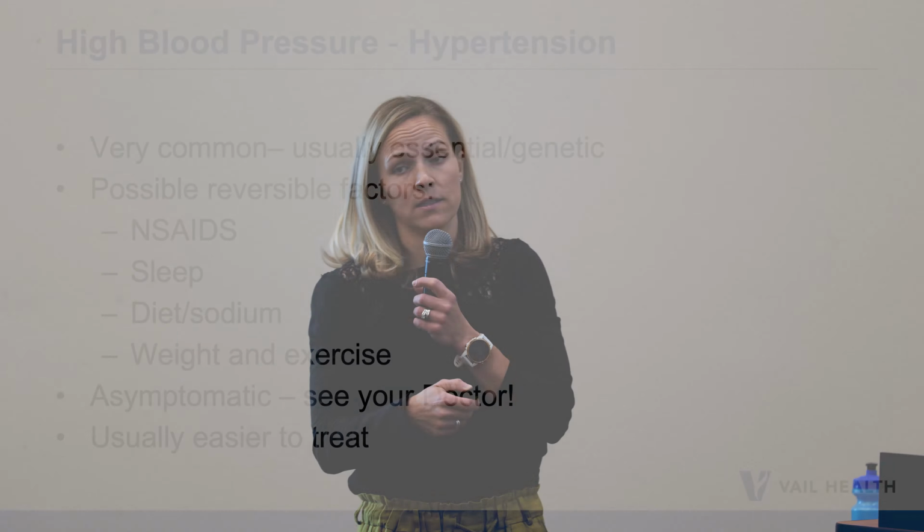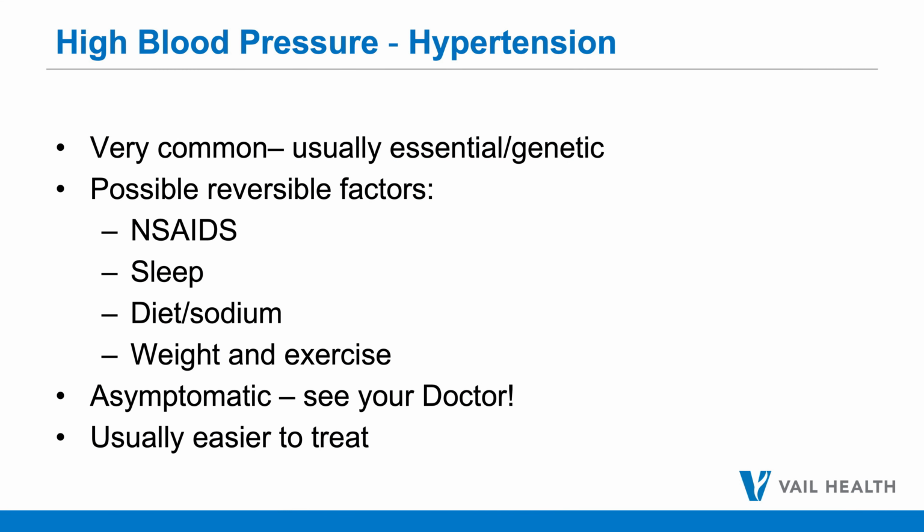Super common. That being said, I always run through the list of things that can be causing you to have high blood pressure that you might not be aware of and that you can reverse. So NSAIDs are a class of medications that include Advil, ibuprofen, Aleve, naproxen, kind of the run-of-the-mill painkillers.